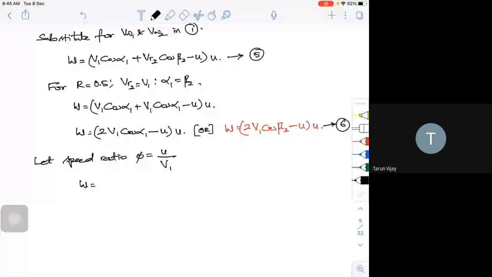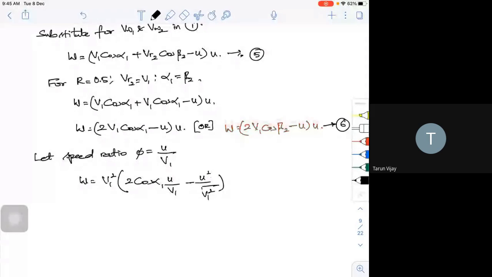If I take V1 square outside, I can write W as V1 square into 2 cos alpha 1 into U by V1 minus U square by V1 square.